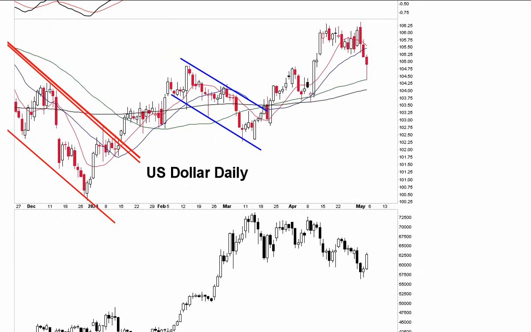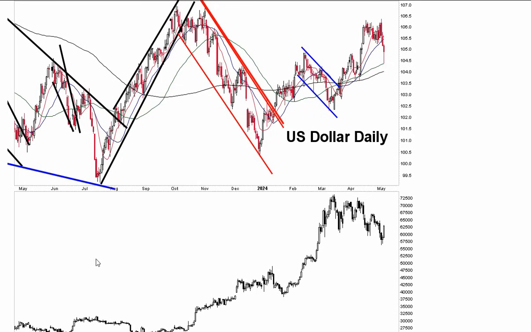We had that bull flag, but again, more often than not, there is a negative correlation between the dollar and Bitcoin. It's not perfect. There are short periods of decoupling, but more often than not, right here, we've had this sell-off of Bitcoin as the dollar has risen back up.